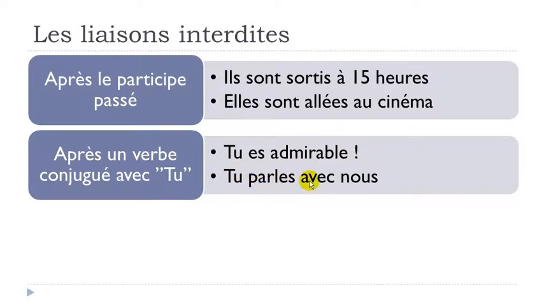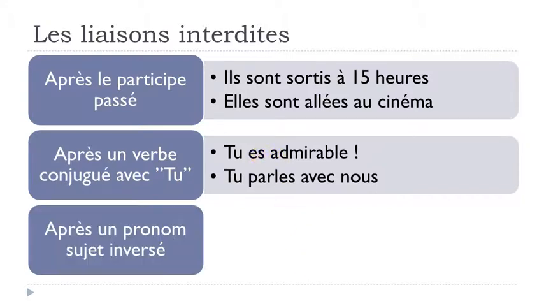Tu parles avec nous, so no liaison here between parles and avec. Tu parles avec nous. That's the rule when you've got a verb at the tu person, second person of the singular: don't make a liaison after the verb.